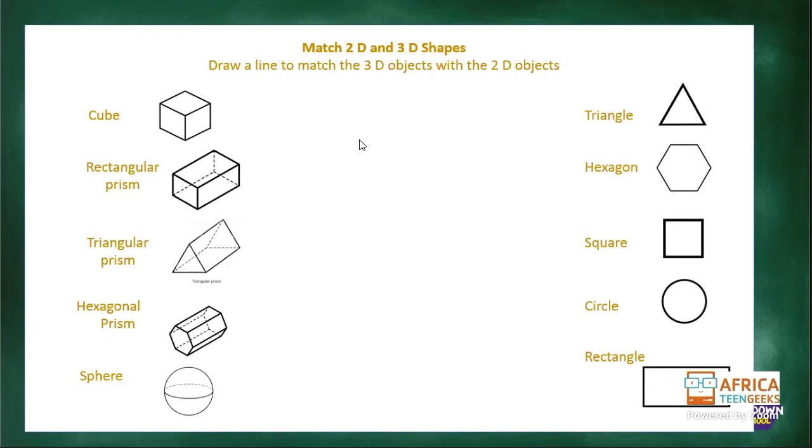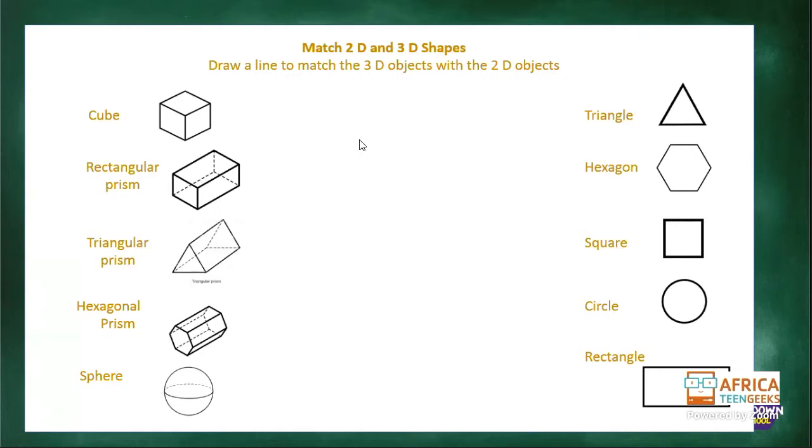Let's move to hexagonal prism. Can we match the hexagonal prism? Hexagonal prism with the hexagon, right? Thank you. And then the last one. Okay, I think this class is also going to end soon.